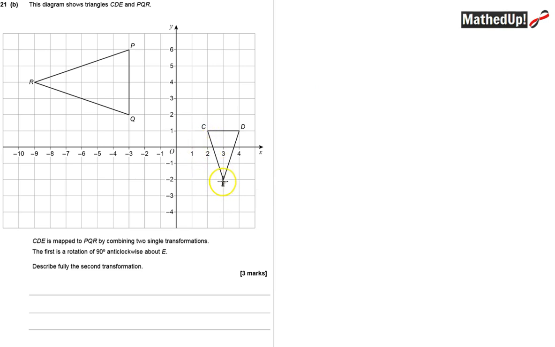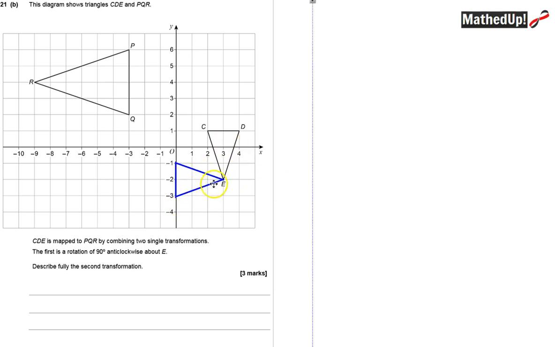C, if that rotates 90 degrees anti-clockwise, I think it's going to end up over here. And D is going to end up over here. And that is going to be that shape rotated 90 degrees anti-clockwise. If you're unsure, you might want to use a piece of tracing paper to help you. Okay, and now I've got that in, just tidy that up a bit.